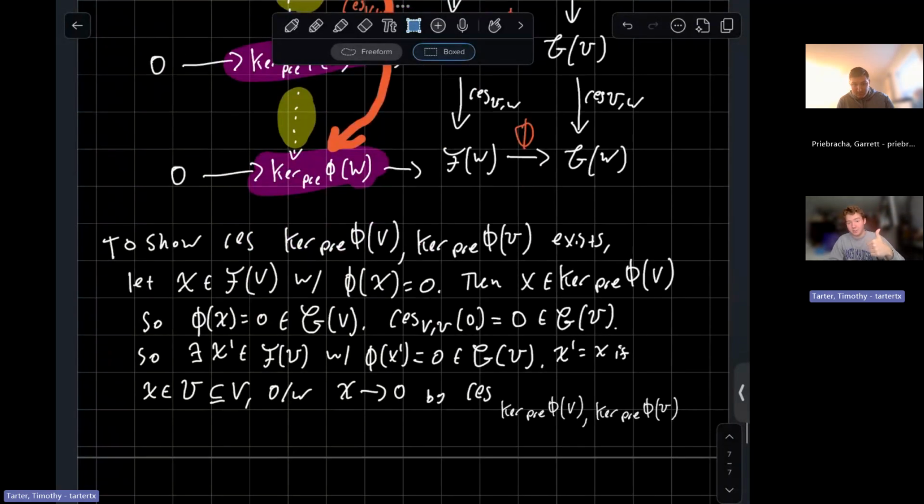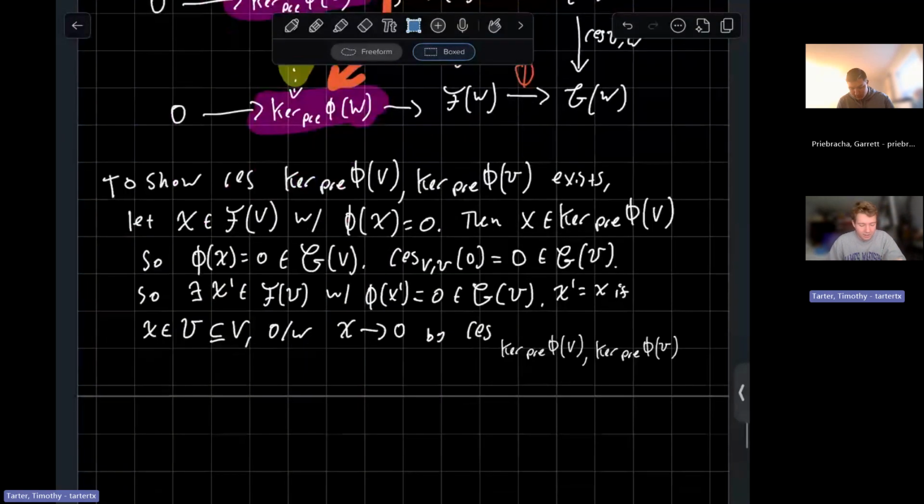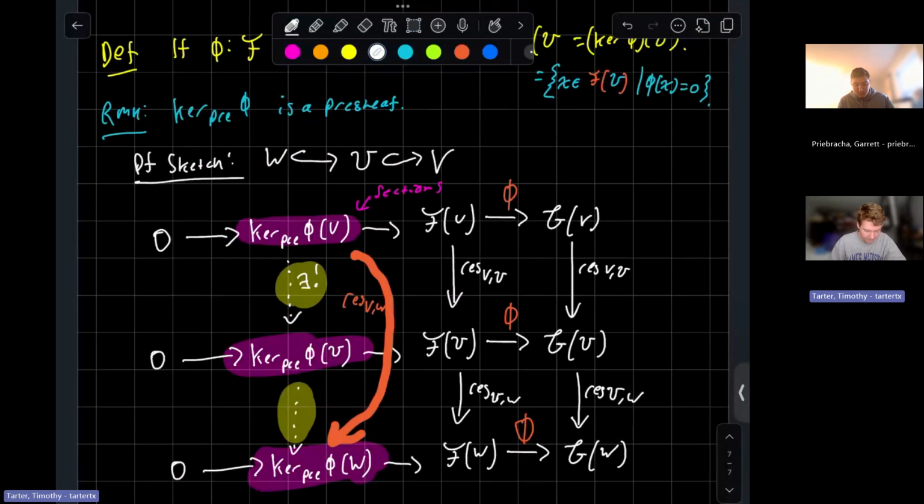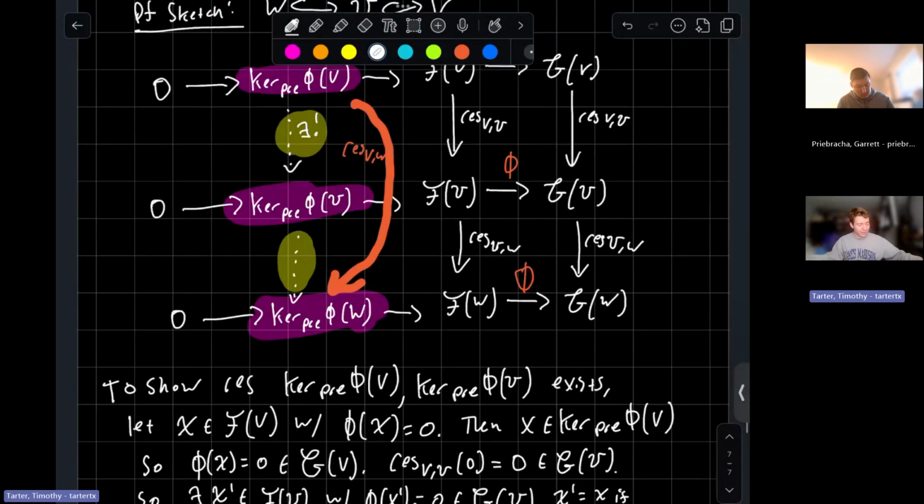So the restriction maps exist. And then to show that, and yeah, we're kind of taking for granted that the sections exist, right? We probably shouldn't do that. But no, it's not for granted because every map will have a kernel. So that's actually fine.